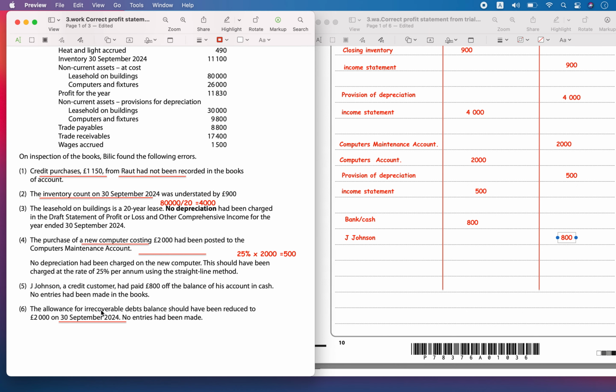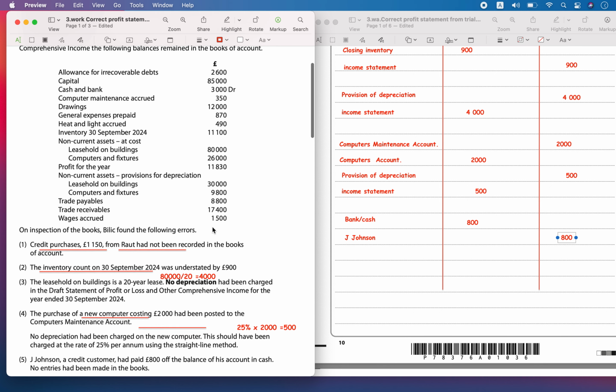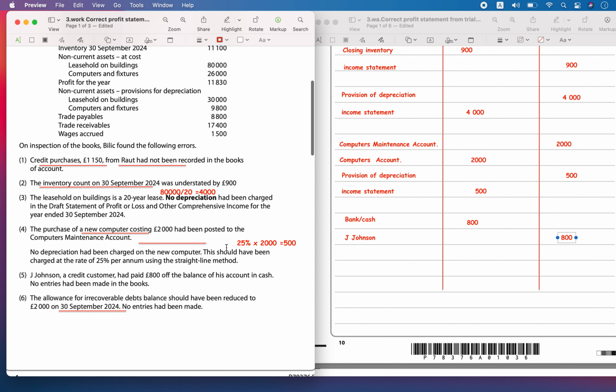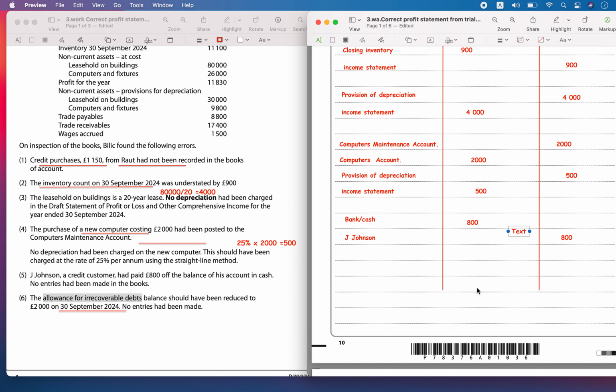Then we have the allowance for irrecoverable debts, which should have been reduced by 2000 on 30th September 2024. No entries had been made. The allowance for irrecoverable debts was 2600 earlier. Now it is 2000, so we have to update this. The accounts affected are the allowance for irrecoverable debts account and the income statement.